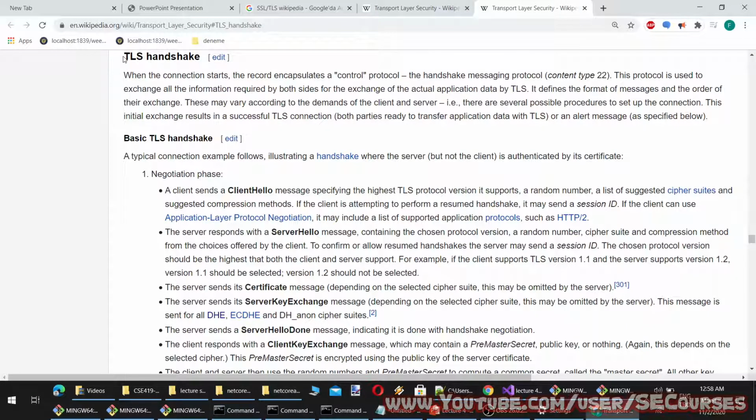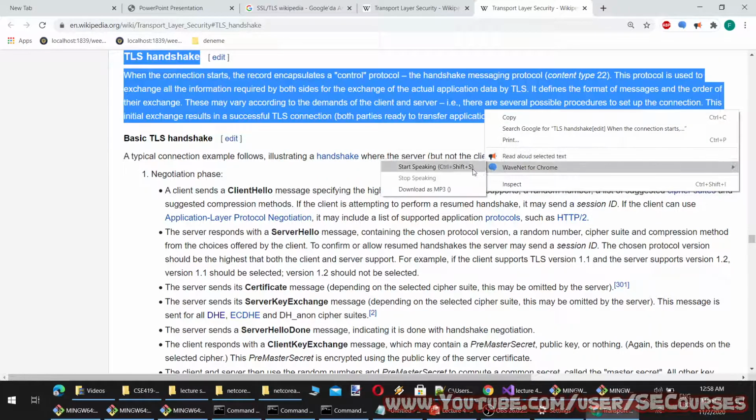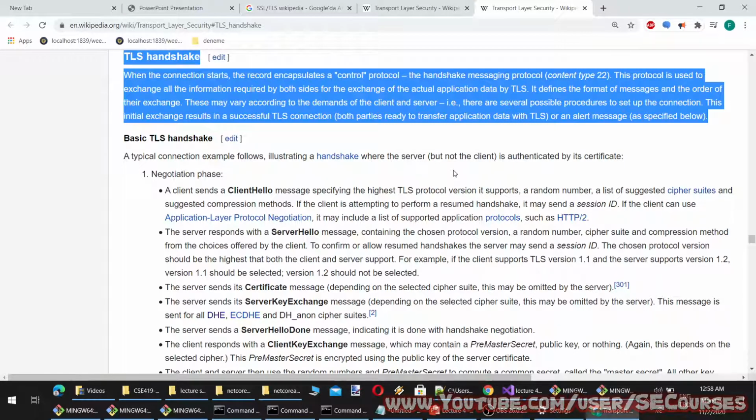So TLS Handshake, let's read it. TLS Handshake. When the connection starts, the record encapsulates a control protocol, the handshake messaging protocol, content type 22. This protocol is used to exchange all the information required by both sides for the exchange of the actual application data by TLS.